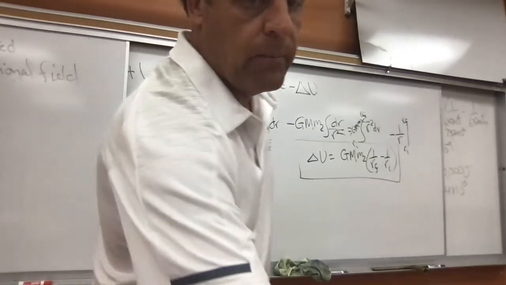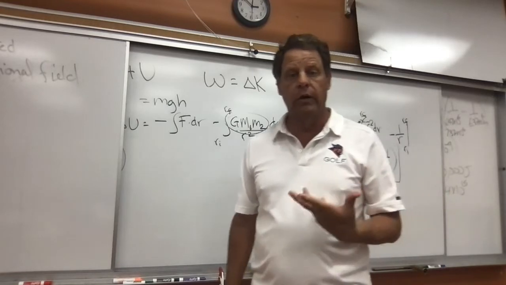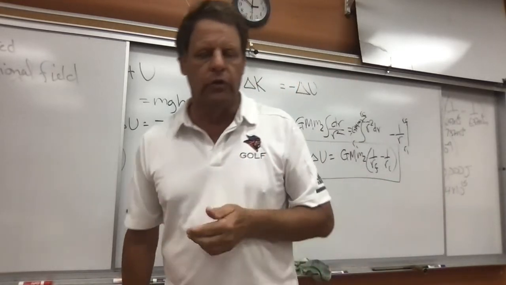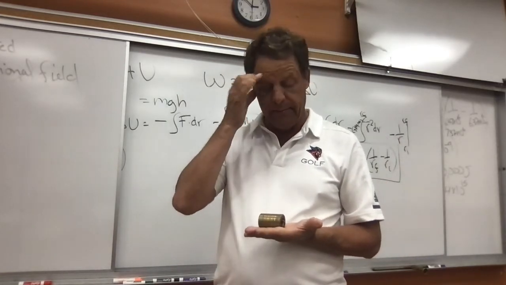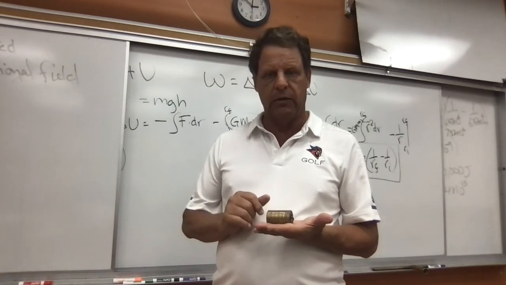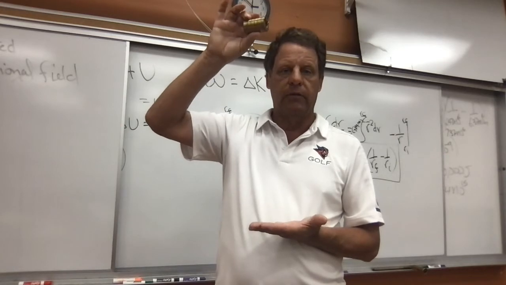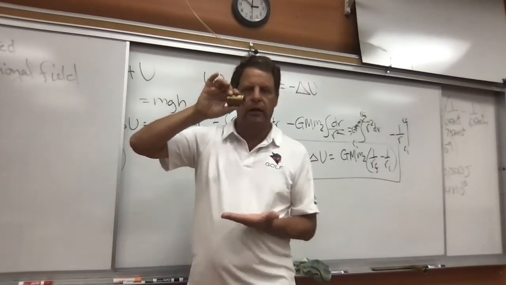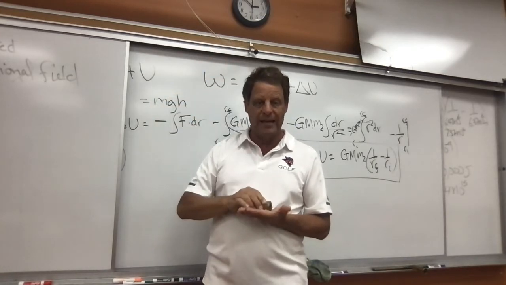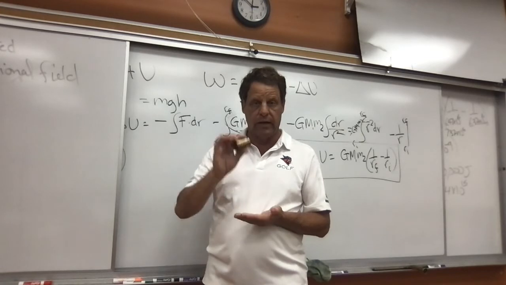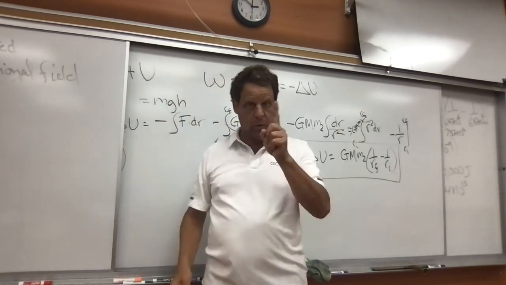Now, this next concept is a little bit weird, or at least it was weird for me. Let's think about this for a moment. I'm going to say that my hand is h equal to 0, and I'm going to lift this mass up, and I'm going to assume it goes up 1 meter. How much energy does it take to lift this, which has a mass of 0.5 kilograms, up 1 meter?